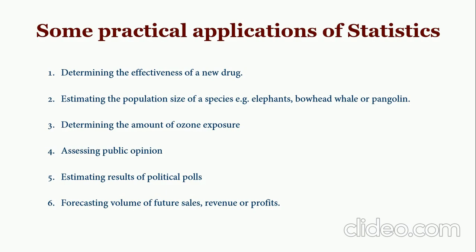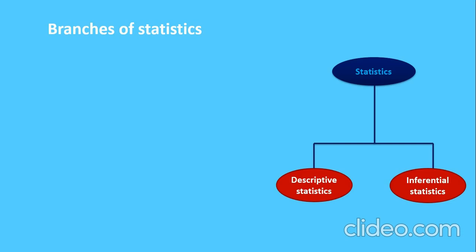Estimating the population size of any species, we will need to apply some statistics. Determining the amount of ozone exposure, assessing public opinion, estimating results of a political poll, forecasting volumes of future sales, revenue, or profit.